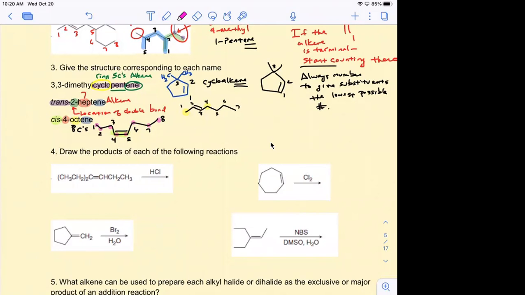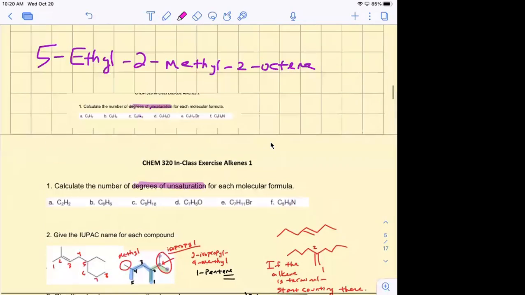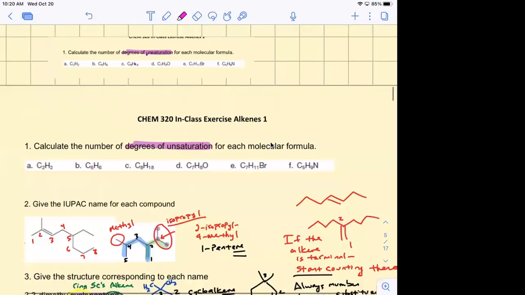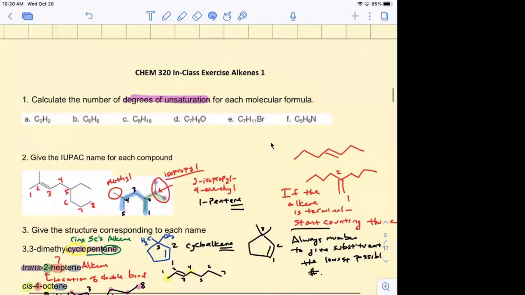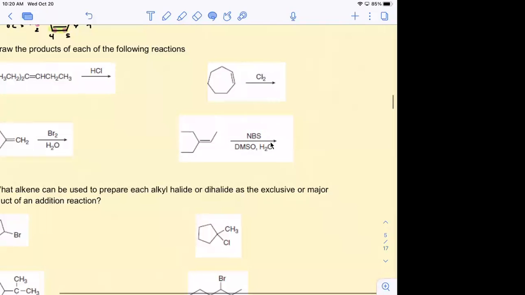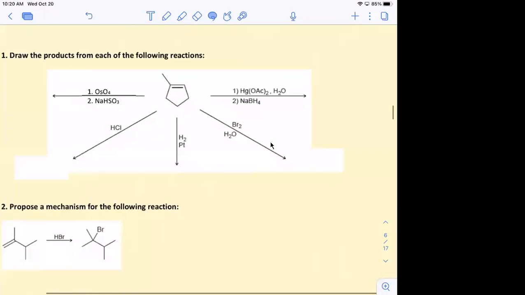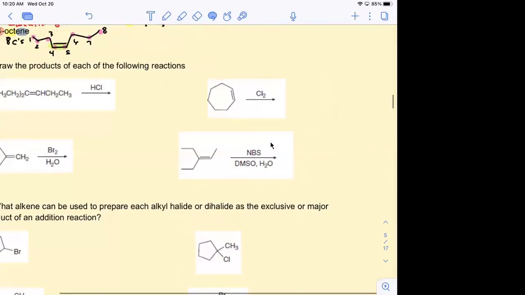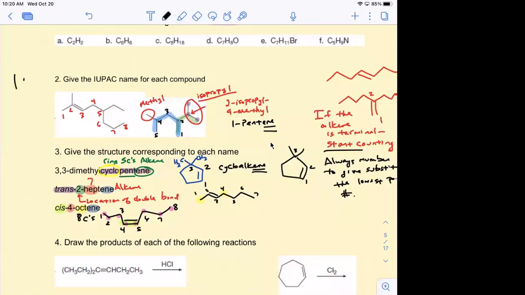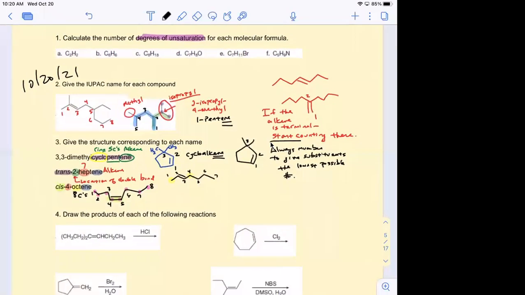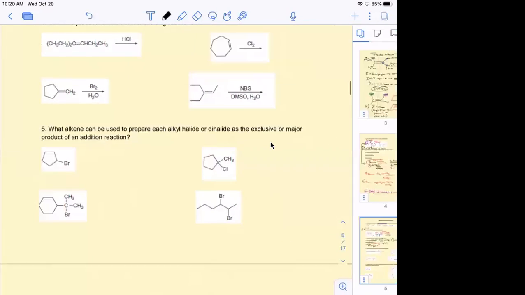All right, let's go up here. I want to talk about the degrees of unsaturation right quick, and then we'll come back and start working through some of these other problems.